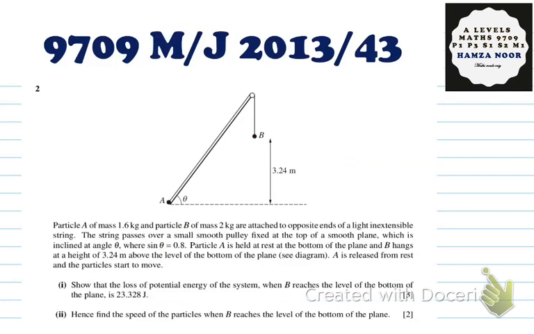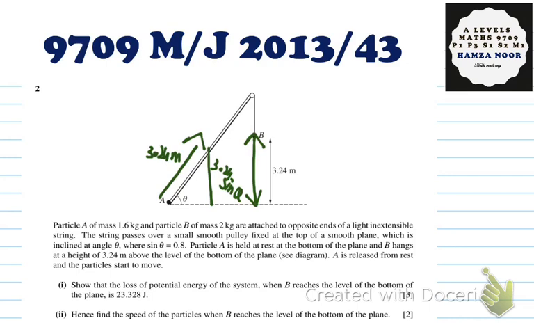Since particle B moves 3.24 meters from the point where it was hanging, particle A also goes 3.24 meters along the plane. But how much is the height? This will be 3.24 sine theta. That's pretty much obvious, and you know the exact value of sine theta, which is 0.8.